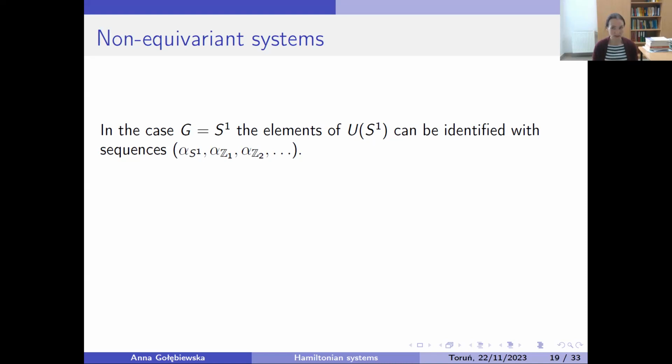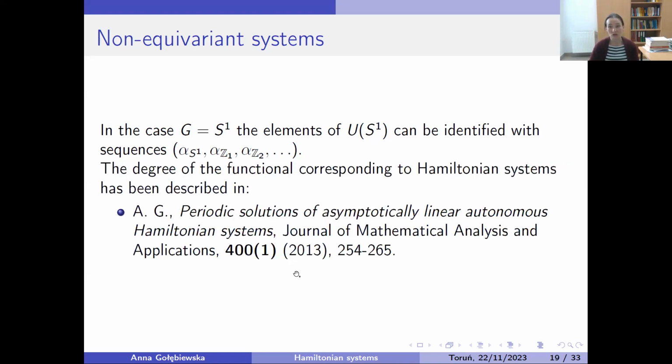All conjugacy classes consist of one element, and we know all closed subgroups of S1: they are exactly S1 and Z_k for k natural. So we have such sequences, and for such elements, we can compute the degree exactly. We can compute the degree for the functional corresponding to Hamiltonian systems, and we have described this in this paper.